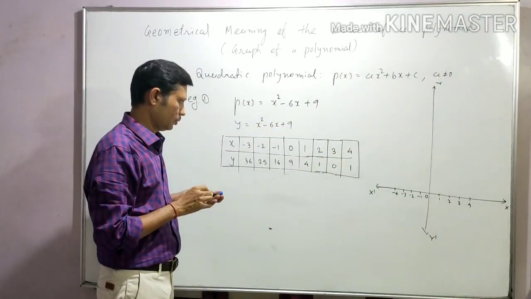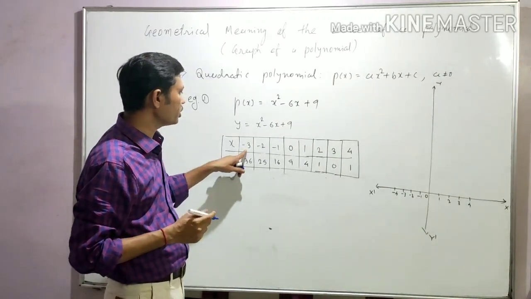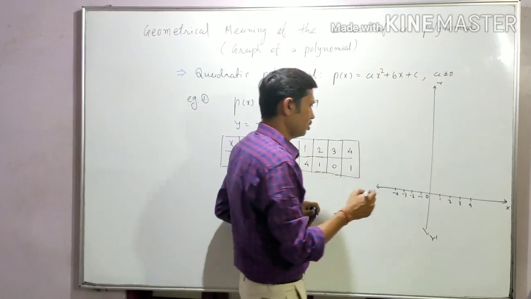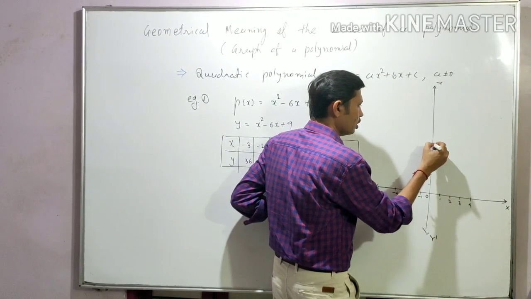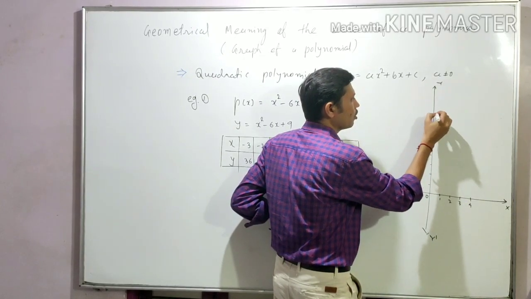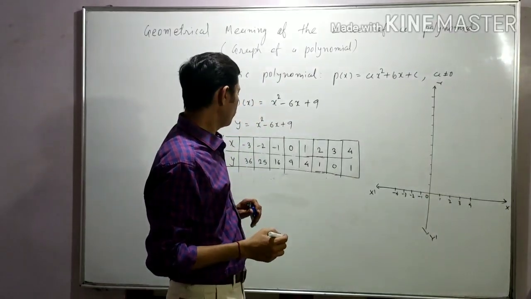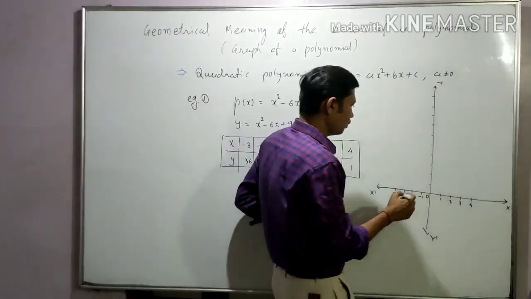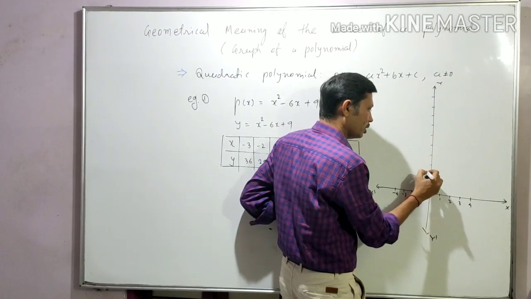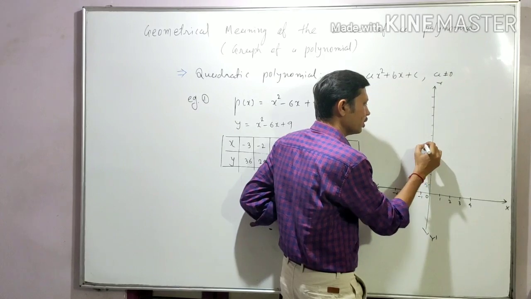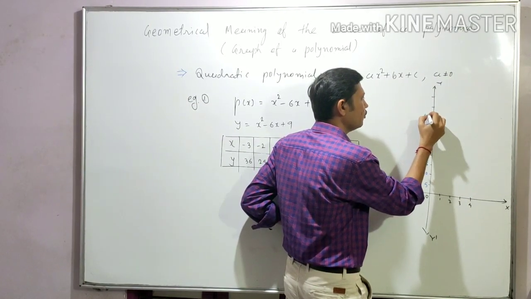Now let's understand it one by one. X coordinate is minus 3, y coordinate is 36. For the safer side, we are taking, for example, 5 as a measurement for 1 centimeter: 5, 10, 15, 20, 25, 30, 35 and 40.